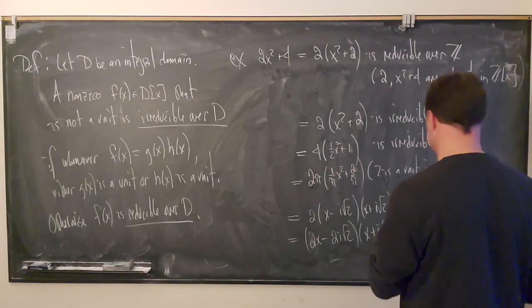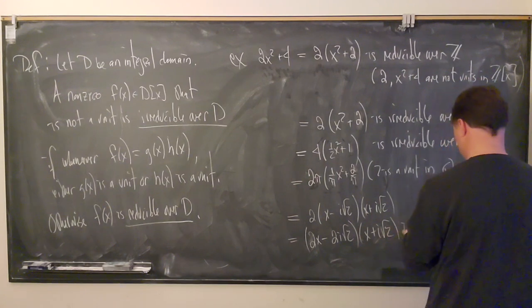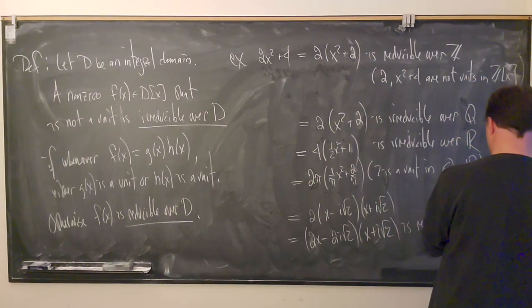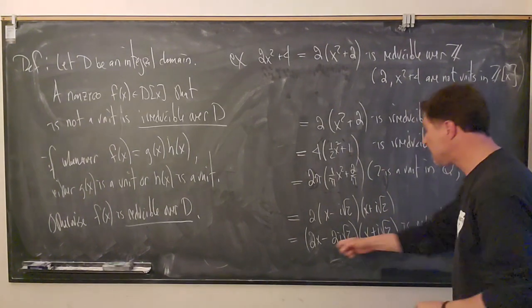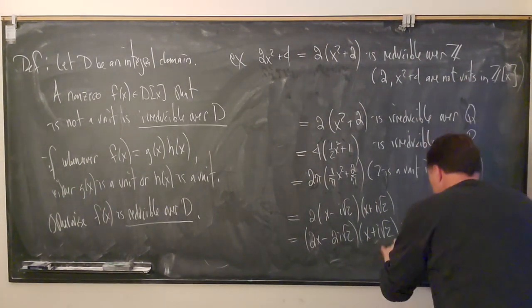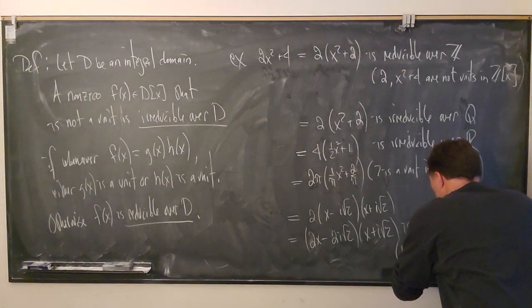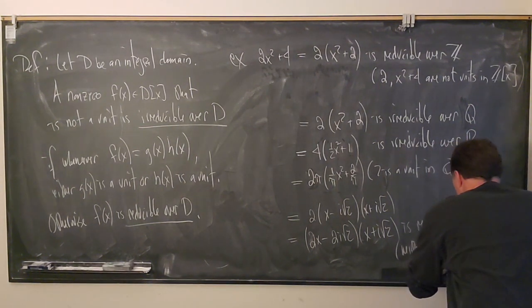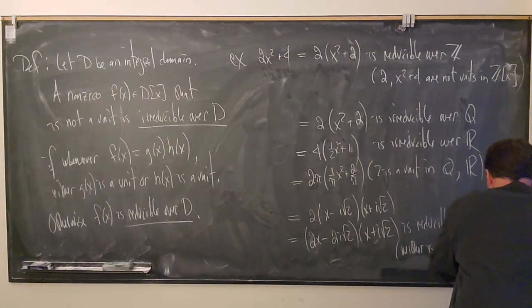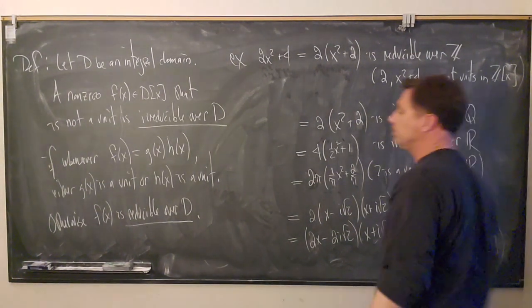So this is reducible over C, and the reason is neither of these polynomials is a unit in C bracket x.